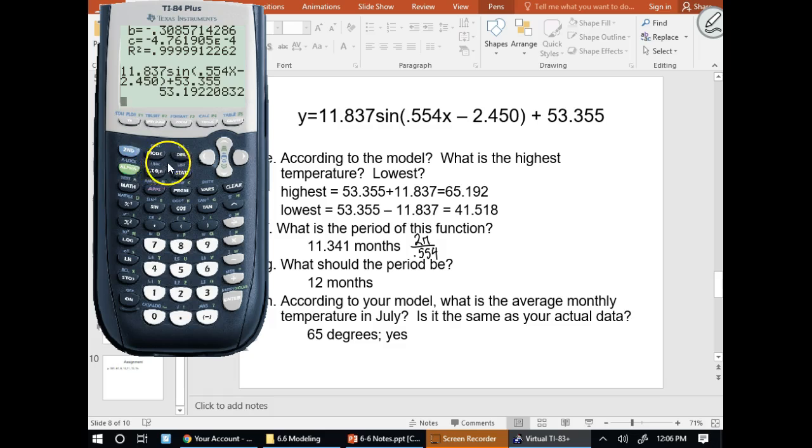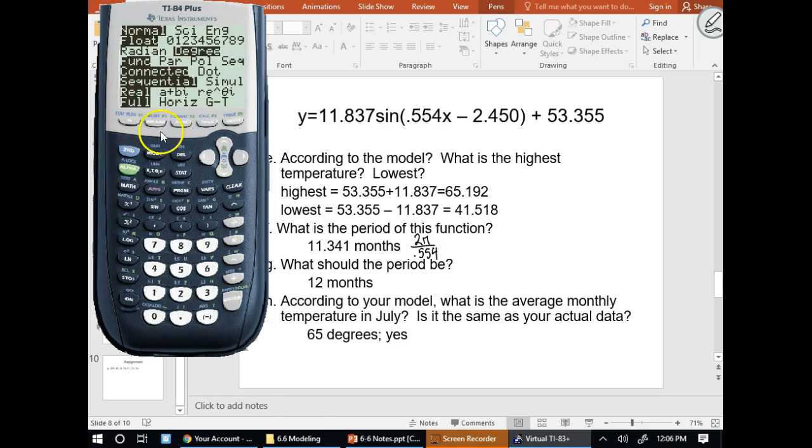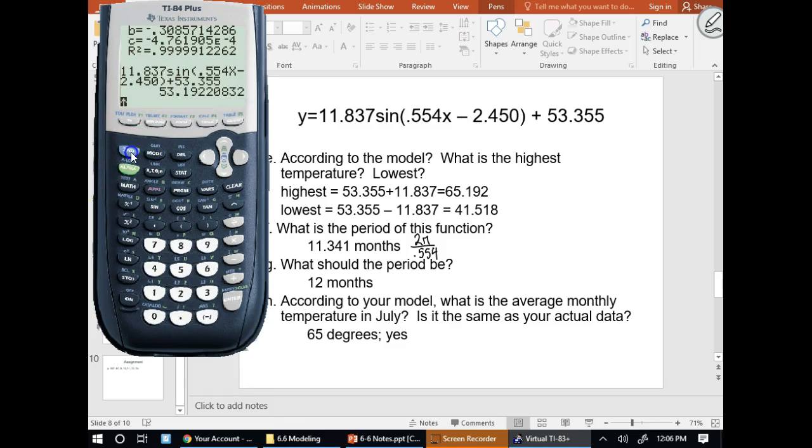So for these problems, you need to be in radian mode. It makes a difference whether you're in degree or radian mode. So I'm going to go back to radian mode. And then if I type the same thing in again. Oh gosh, it's worse. What did I do wrong? Oh, I typed in an X instead of typing in 7. So I'm pretty sure it needs to be in radian mode, but I better go check that. I might be wrong.